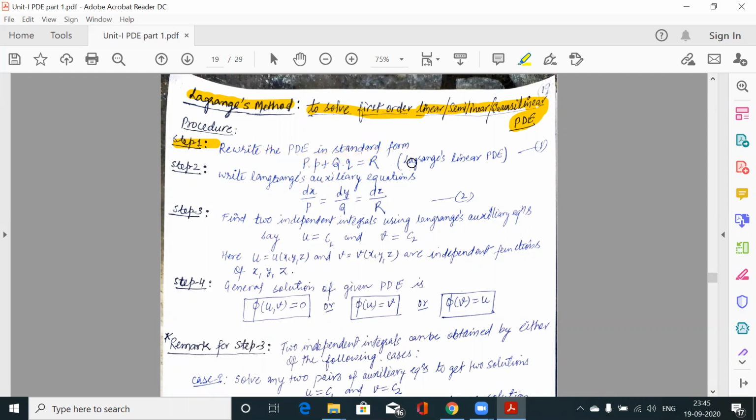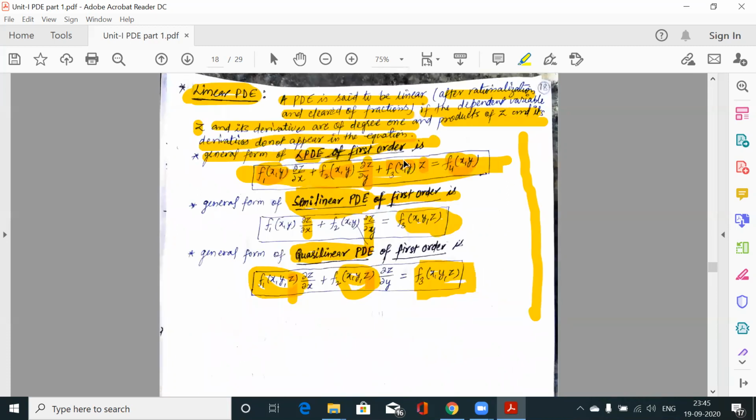This standard form is known as Lagrange's linear PDE. Means we know in any of these types, we have del z over del x, del z over del y. We are compromising with the z degree, but not with the first order derivatives degree, in any of the three.